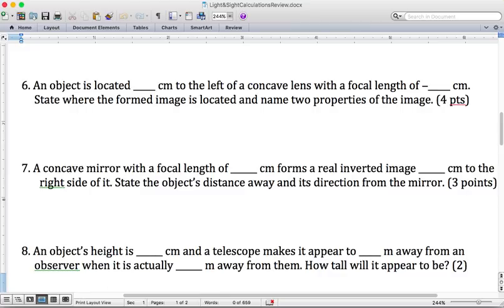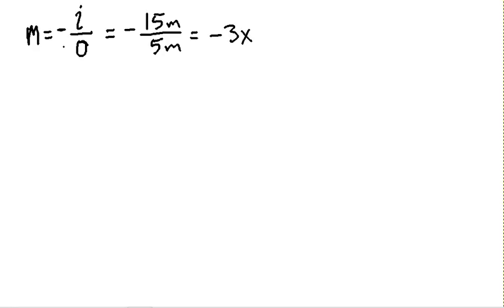So the object's height, that's how big something is. Let's just say this object has a height of 4 centimeters. So how large does it actually look to the observer? Well, you just have to multiply the magnification factor by the height of the object. There's not really any formula for this, you just have to think about it.